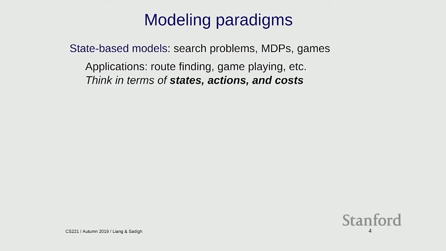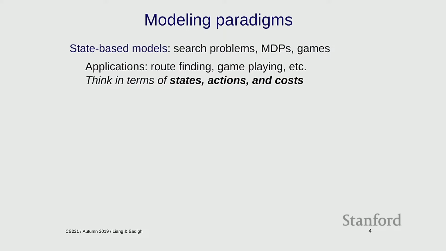Okay, so we looked at several modeling paradigms, roughly broken into 3 categories. The first is state-based models: search problems, MDPs, and games. Here, the way you think about modeling is in terms of states, as nodes in a graph, and actions that take you between different states, which incur either a cost or give you some sort of reward.